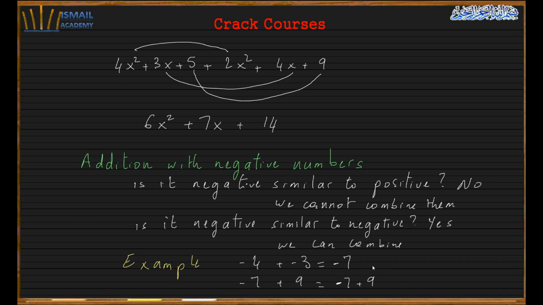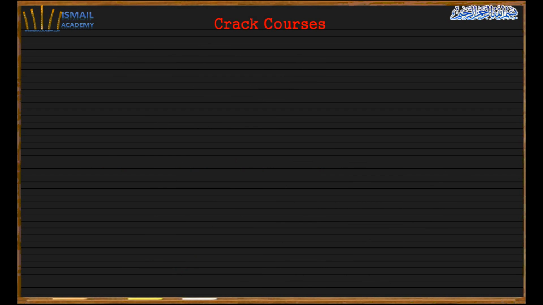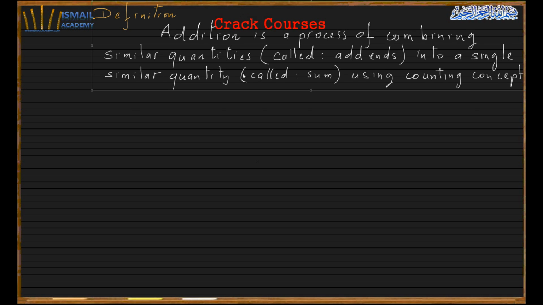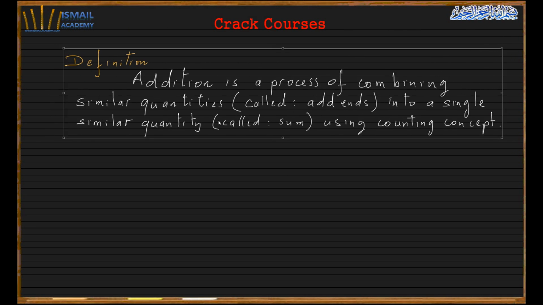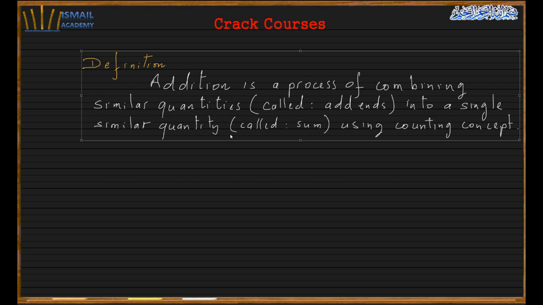If we want to give a definition which involves the sign, the definition is going to look like the same definition as the one we did before. We just copy and paste the same definition. The only difference is that I'm going to add same sign similar quantities to a single same sign similar quantities.